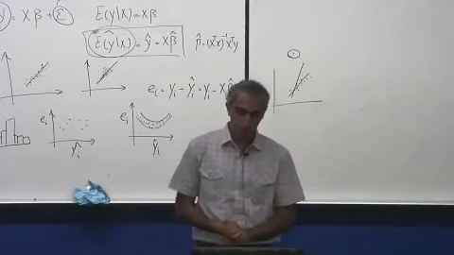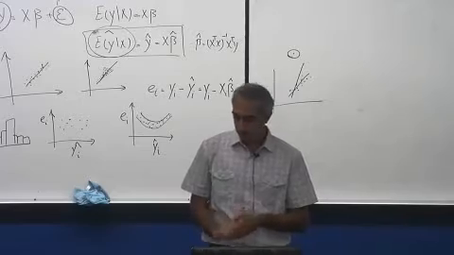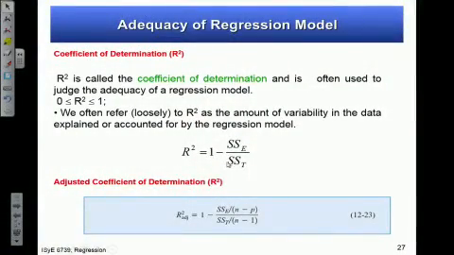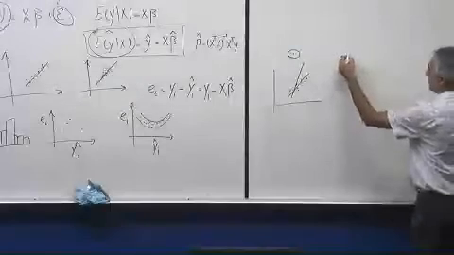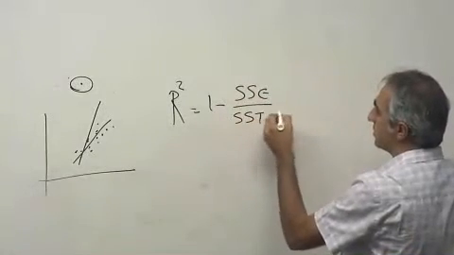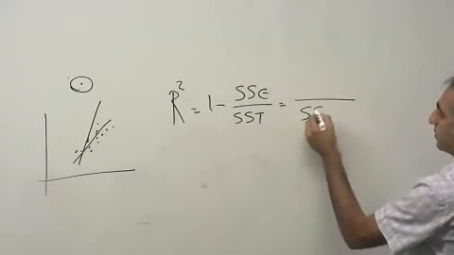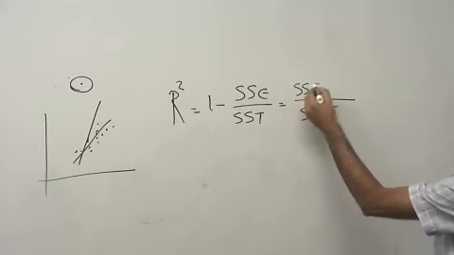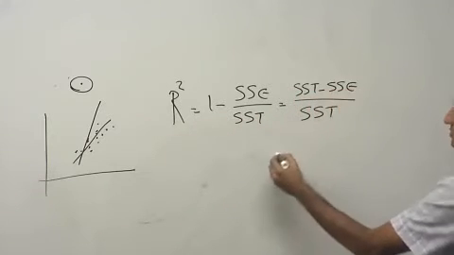Oh, lots of you. As you can see, that's the equation: 1 minus SSE over SS total. So your R squared is this. If I do the common denominator, that's what I get.